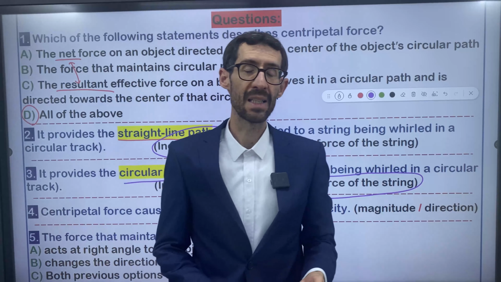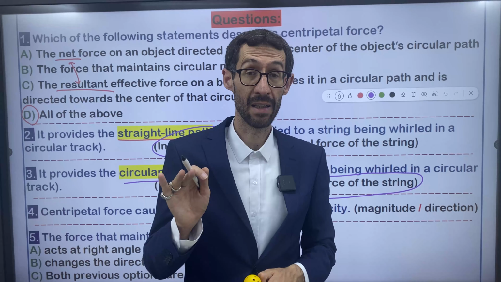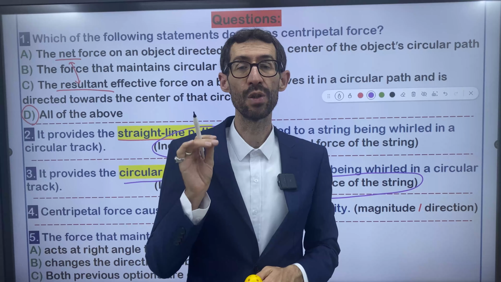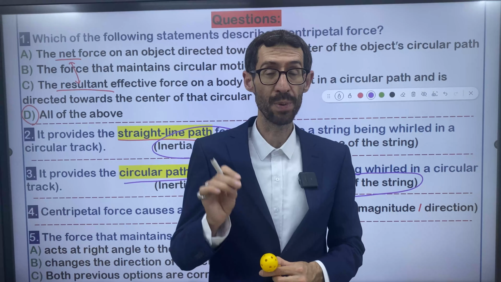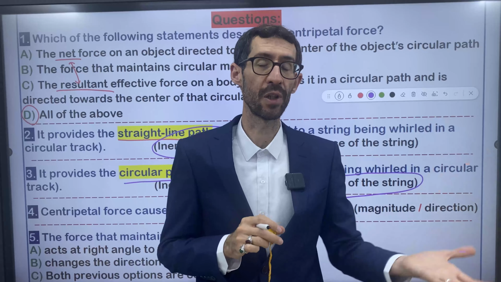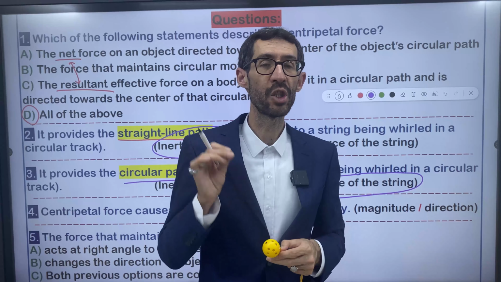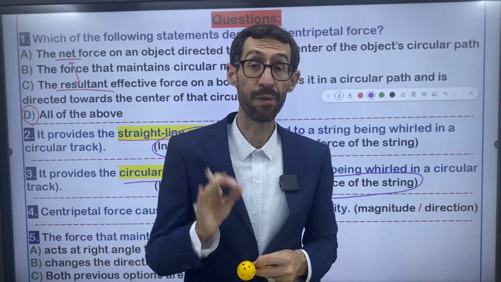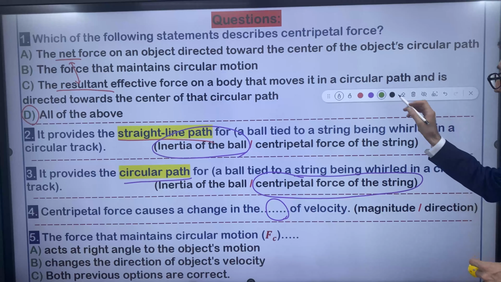Keep in mind that centripetal force does not change the magnitude of velocity, only changes the direction of velocity. So the only responsibility of centripetal force is to change the direction. That's it. Centripetal force never changes the magnitude of velocity. That's why which option is true? I'm sure you know the answer.